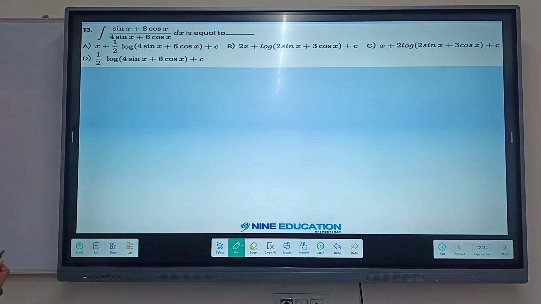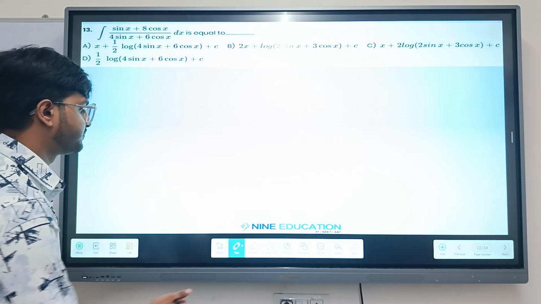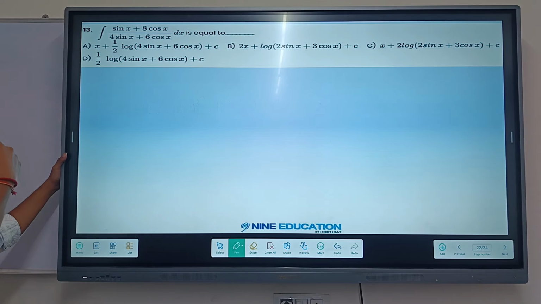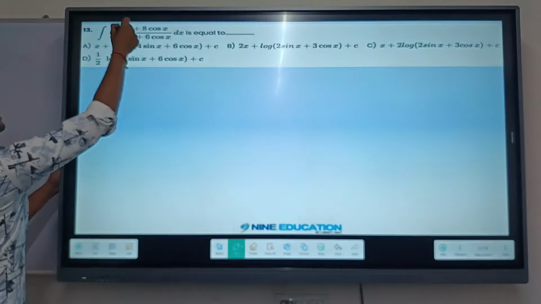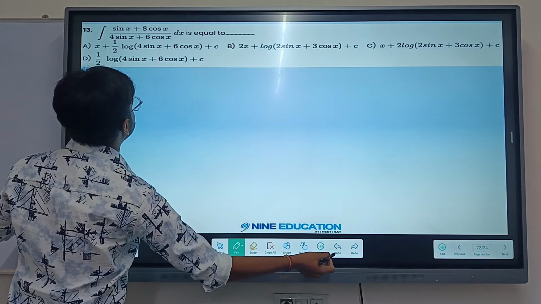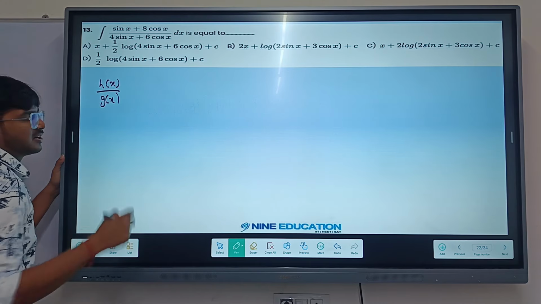So integration of sin x plus 8 cos x divided by 4 sin x plus 6 cos x dx. How to solve this? Trigonometry in numerator divided by trigonometry in denominator. I'll write this as h of x by g of x form, where both of them have trigonometry.